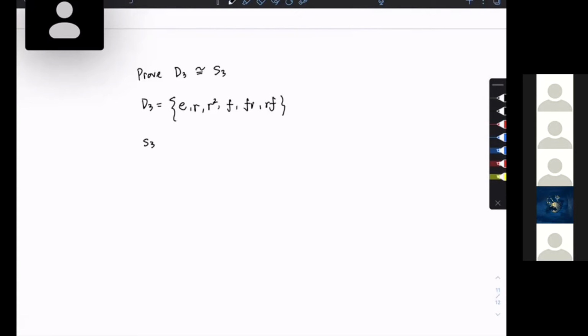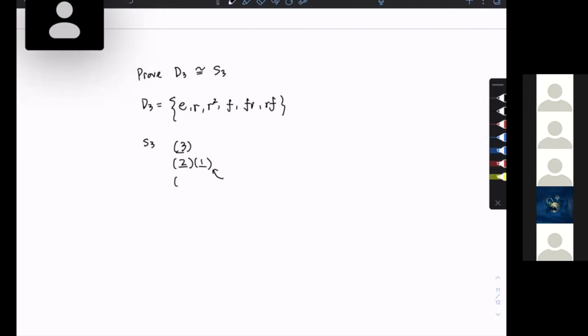First, we should do some analysis about how these elements can be arranged into cycle notation. S3 is the set of permutations of three elements, and we have some possibilities. The first is a cycle containing three elements. The second is one cycle of two elements and one of one element. Note that in this case, the one-cycle can be eliminated because it is typically the identity permutation, which we can ignore.